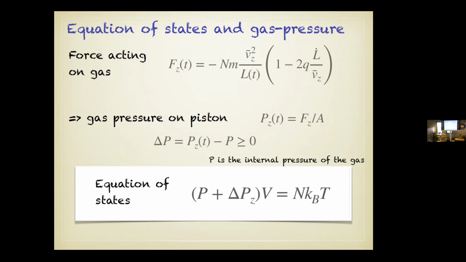I mean, this is easy to understand in the sense that if you push in, then the pressure felt on the side walls of the cylinder is the internal pressure P, and the pressure felt here is P plus delta P. So delta P is positive when you are pushing in.